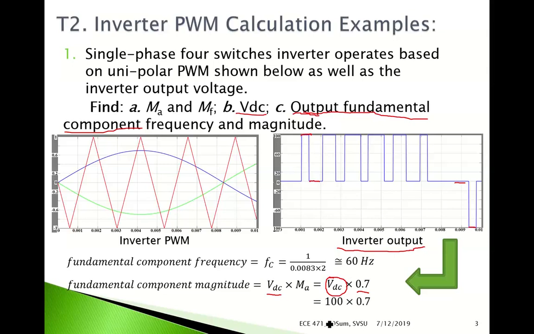So it equals 100. Therefore, we got the magnitude of the fundamental component in the output is 70 volt. In other words, this single phase inverter outputs a fundamental AC with 70 volts magnitude and 60 Hz frequency. Okay.